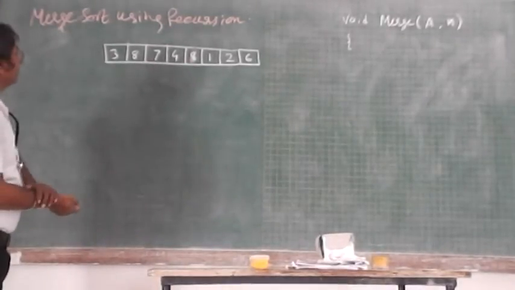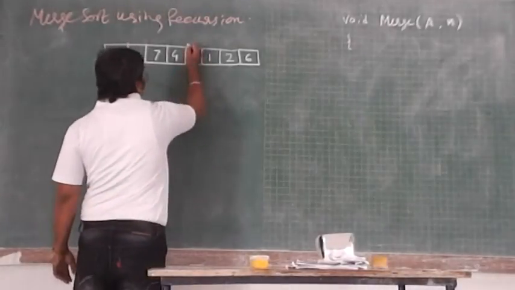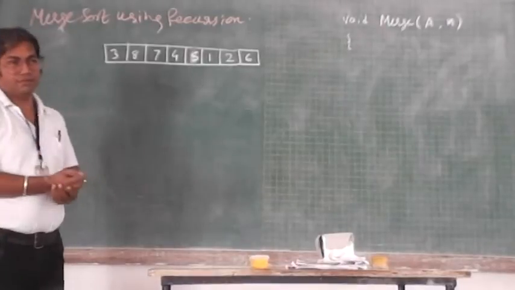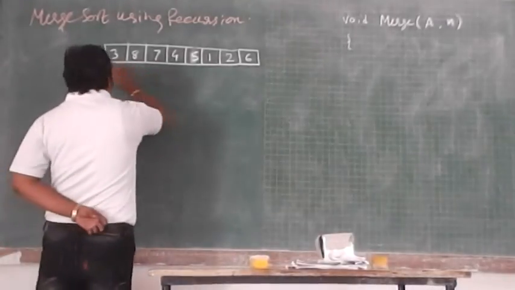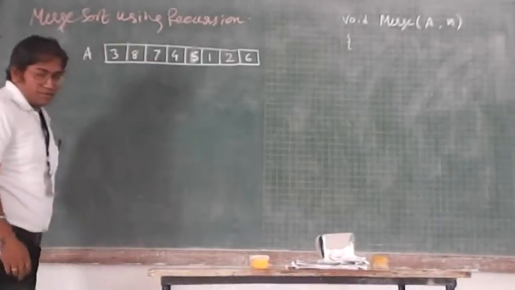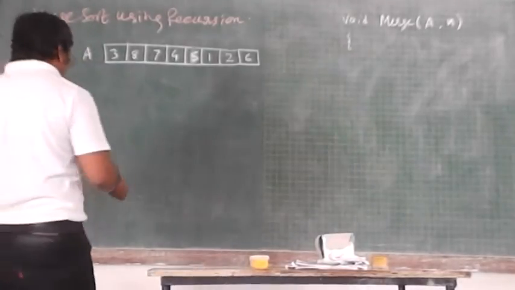So this array A of length 8, what I do as per the merge sort algorithm, first I divide this array into 2 parts. Okay.